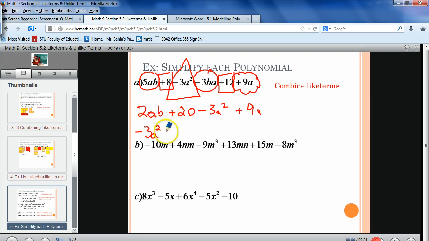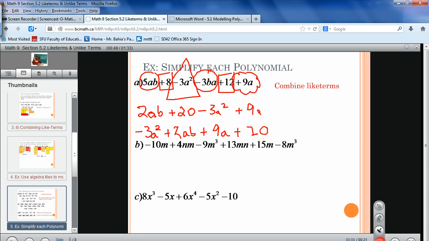So we'll have positive 2ab, and then this, which is degree 1, plus 9a, and then that, which doesn't have a degree at all, it's just a constant, positive 20. So that's how I would do it.